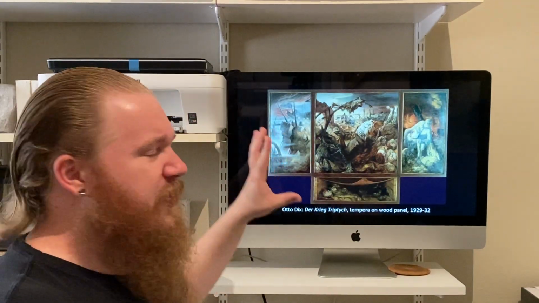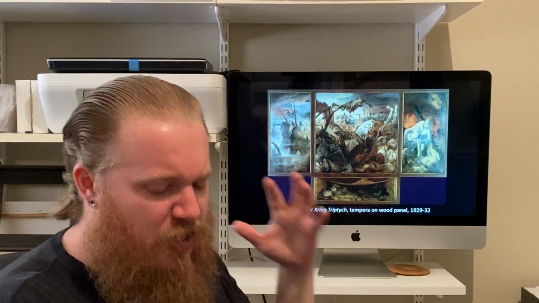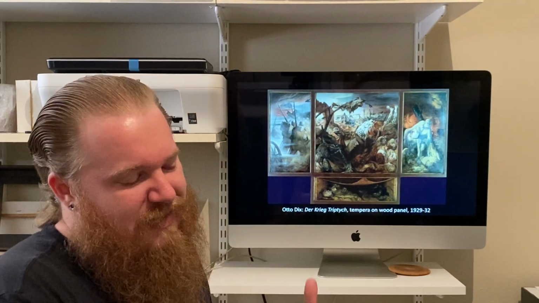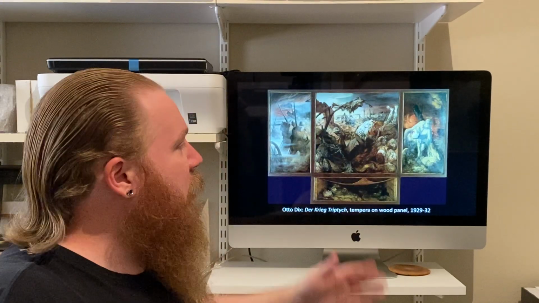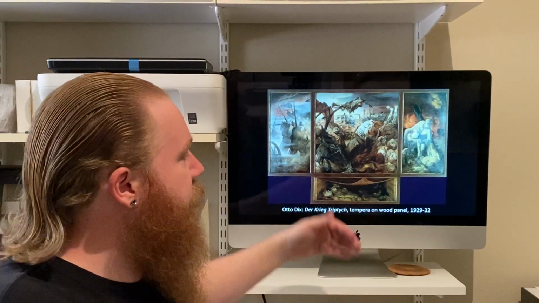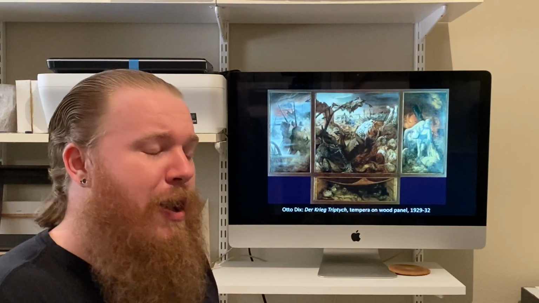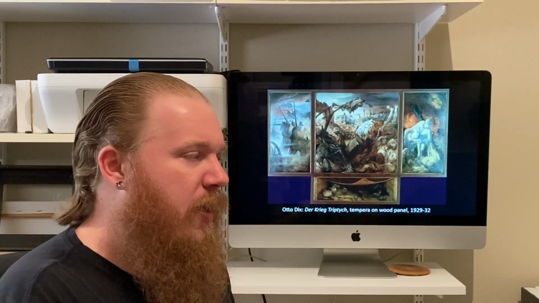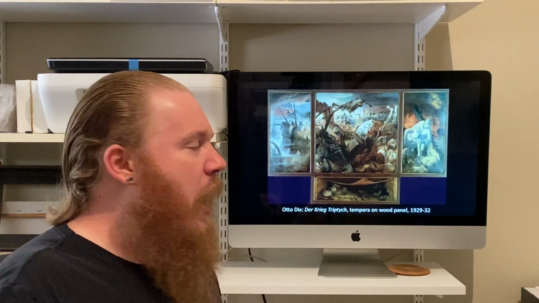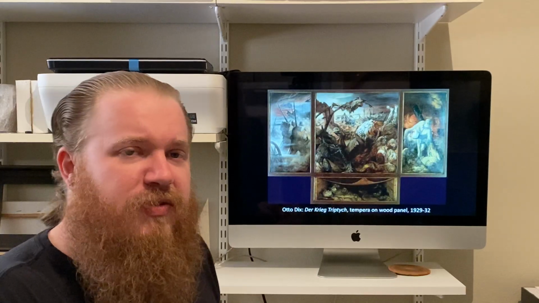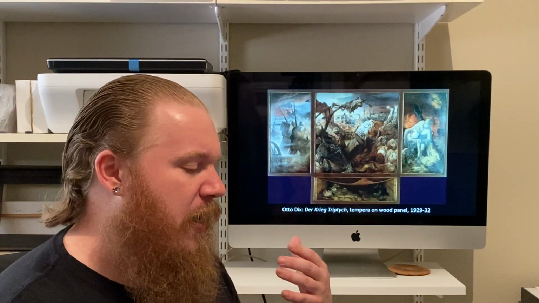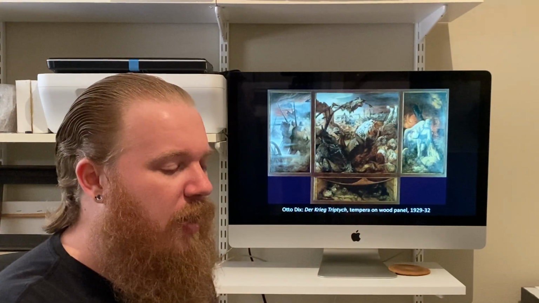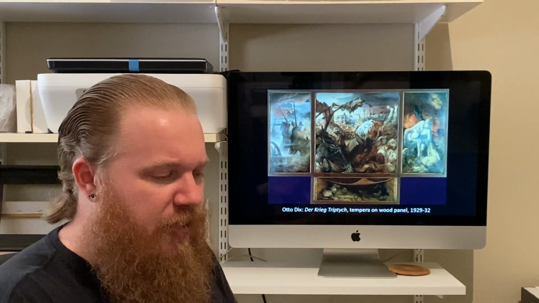So even though this is a very horrific painting, its subject matter is extremely brutal. It is not necessarily aesthetically pleasing, but it does have artistic value because of what it has to say about this particular historical event, this particular artist's own personal experience in it. But I also feel like it speaks a lot to the endurance of the human soul and all of these kinds of ideas, as well as we could take a lot of technical innovation from it.